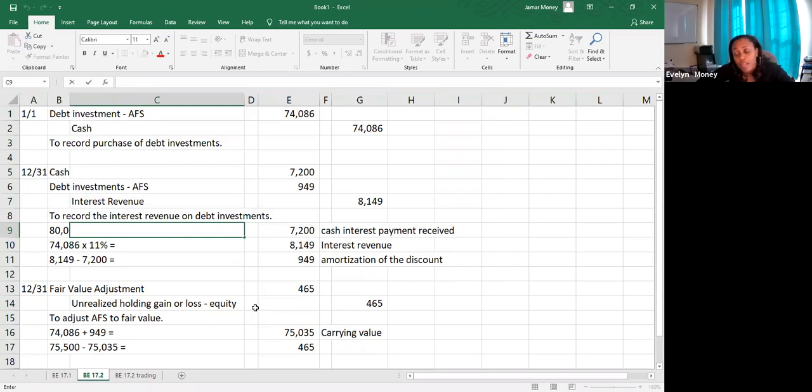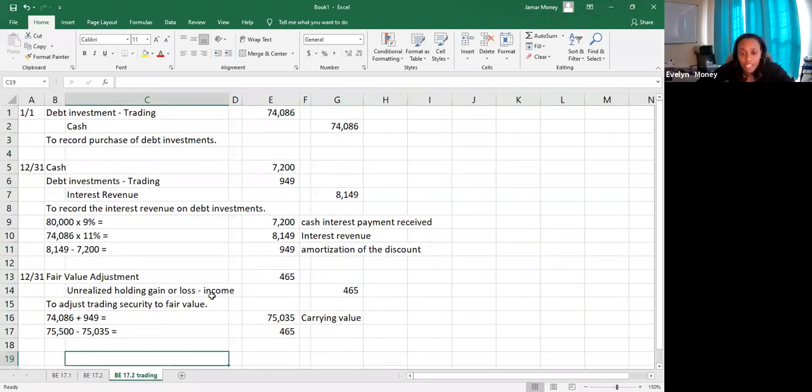That write up for fair value is included in other comprehensive income. And for a trading security, the first two entries are the same, only you're using dash income for the last entry because that adjustment to fair value is included in net income.